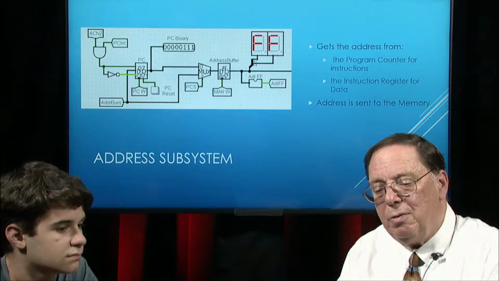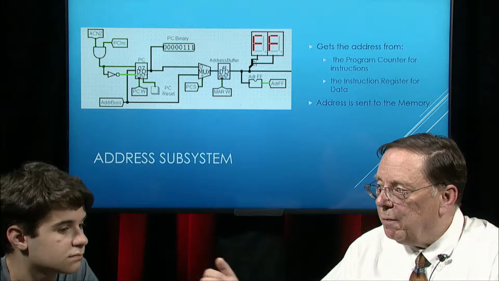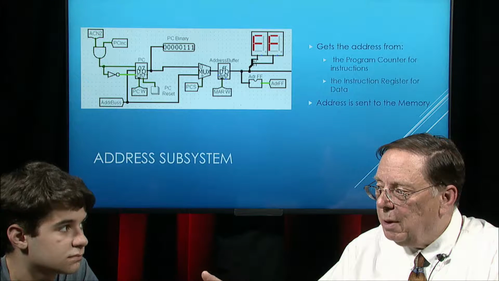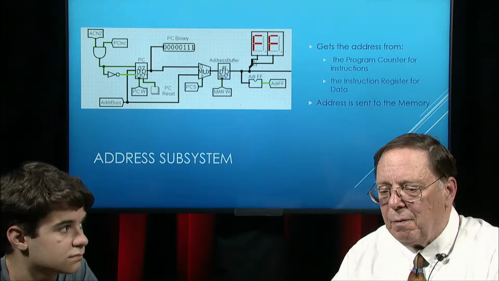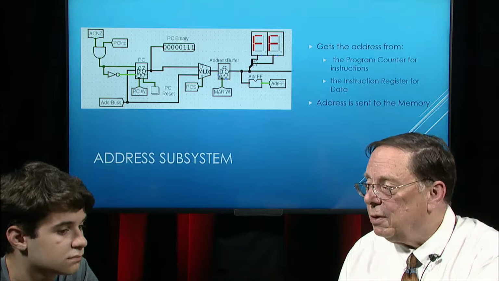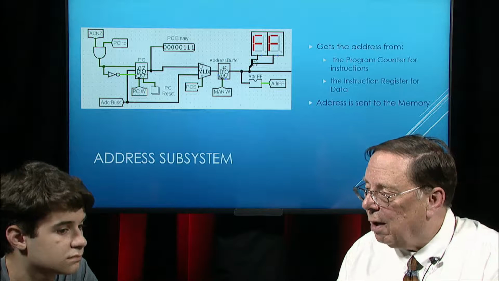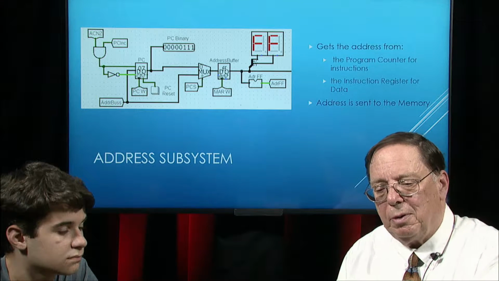Or if we're using an address in an instruction, for example, getting something from memory, putting something in memory, changing the program counter, adding something from memory, we'll get that address from what we call the instruction register, and we'll see that when we talk about the decode module of this computer.